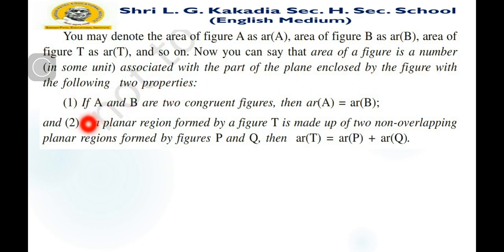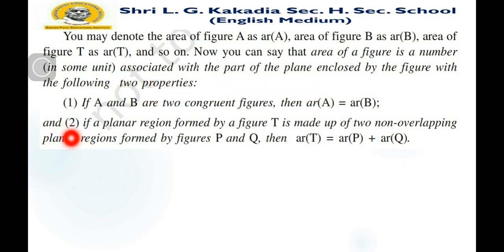The first one: if A and B are two congruent figures, then area of A is equal to area of B. But its converse is not true. If area of A and area of B are equal, then we cannot say that the given two figures are congruent.